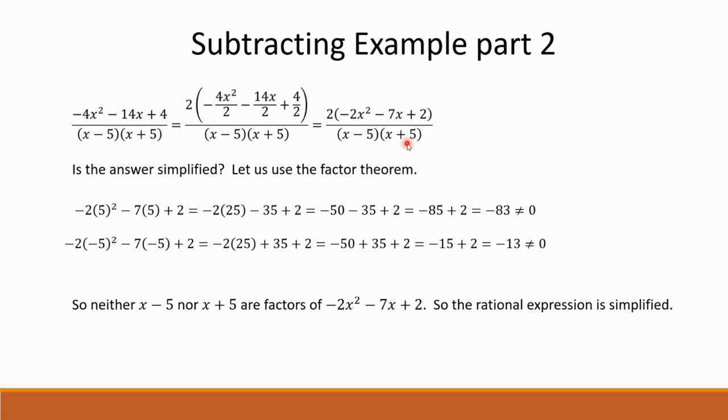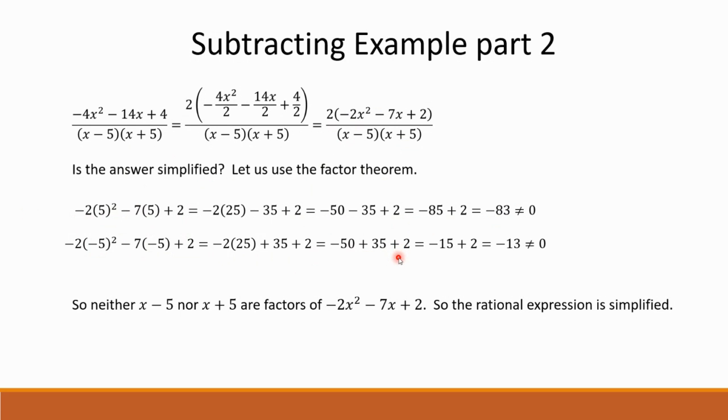For x plus 5, remember, you want to think of that as x minus, so x minus negative 5. So now we're using negative 5, as you can see. And again, if you replace x by negative 5 in the numerator, you don't get 0.